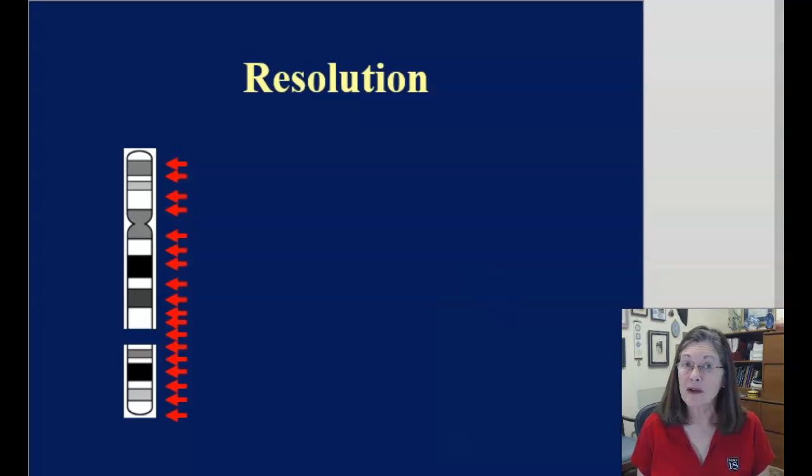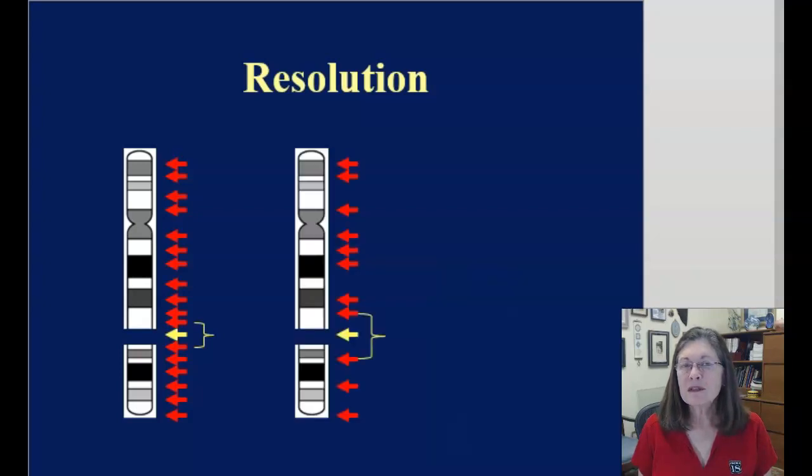So this would be a very, very low resolution microarray. But it shows that, in fact, one of those probes is indicating there's 1 copy instead of 2. And so you would say that that deletion goes from between the red arrows on either side of the yellow to describe the potential size of that deletion.